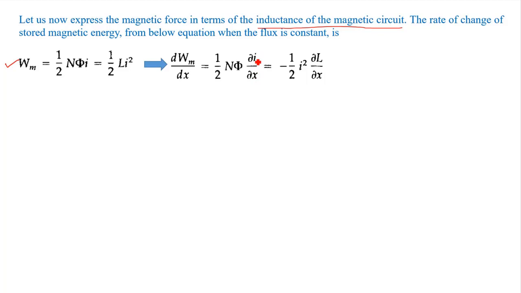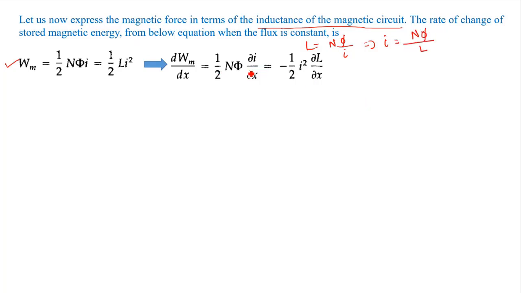So if I can substitute I in terms of L here, then obviously, since it is a linear circuit, we know L equals n phi by I. So for a linear system, I can write I equal to n phi upon L.